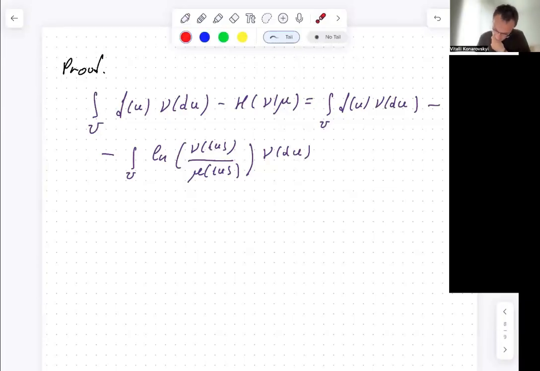Here we just use the definition of relative entropy.